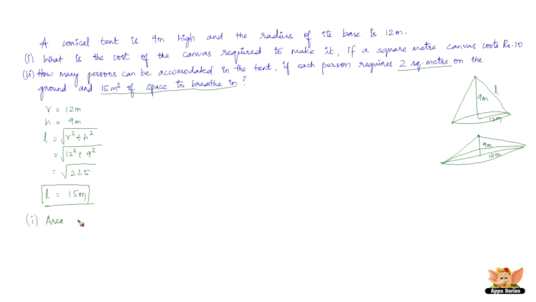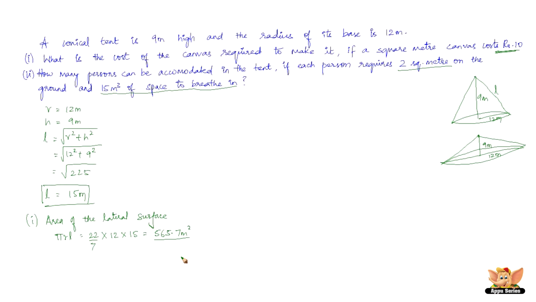Let us go ahead and find the area of the lateral surface, which is nothing but pi r L. Pi is 22 by 7, r is 12, and L is 15. Solving this, we have 565.7 meters square. Now, 1 square meter of canvas costs rupees 10.